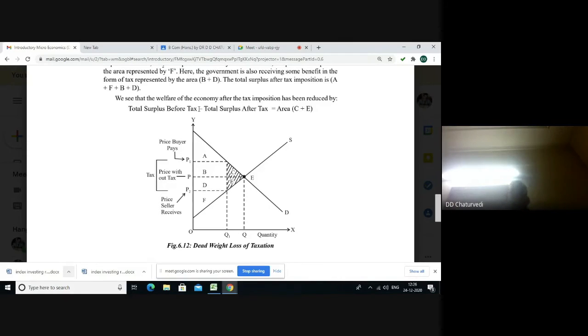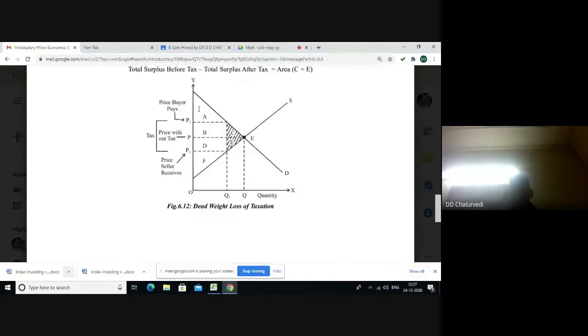And the area C plus E is neither going to the consumers nor to the producers, and it is not going to the tax authorities or the government. So C plus E area is a waste, and this is called dead weight loss. So dead weight loss of taxation has been shown in figure 6.12 by the shaded area, and it is equal to the sum of the areas C and E.